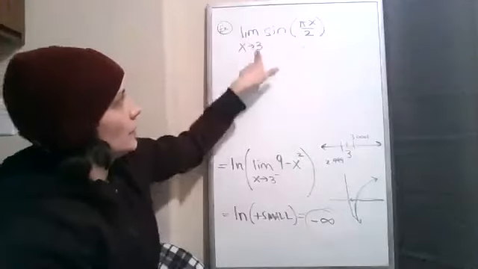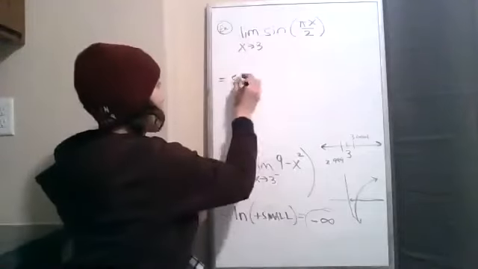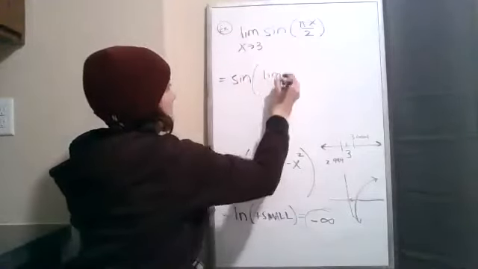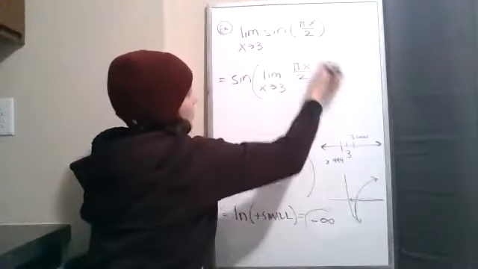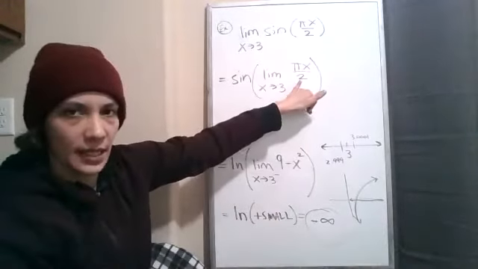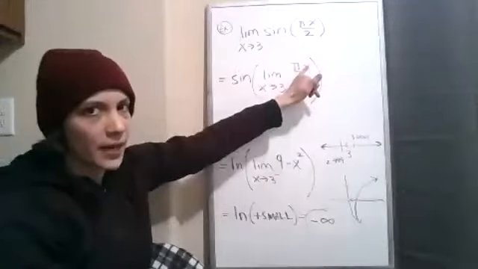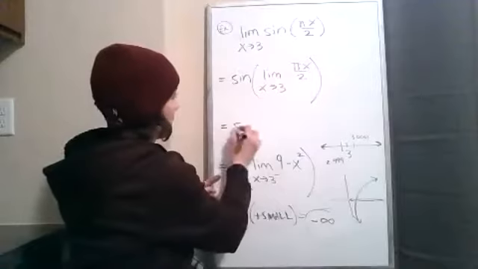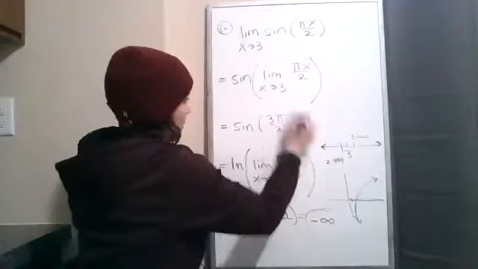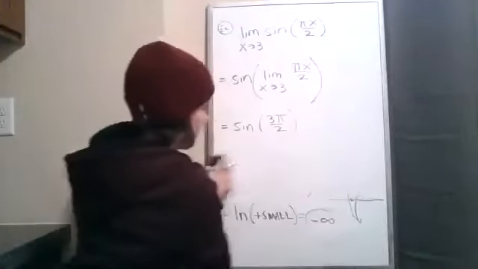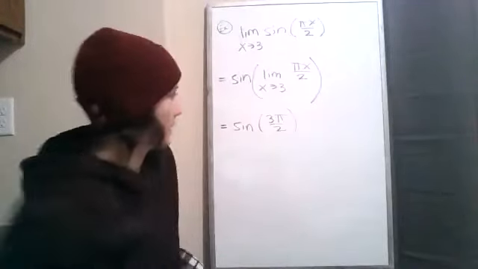So we'll take this limit in here: the sine of the limit as x goes to 3 of pi x over 2. That was like a linear function, just x times pi over 2. So I'm going to put in 3 for x, and I got -1.